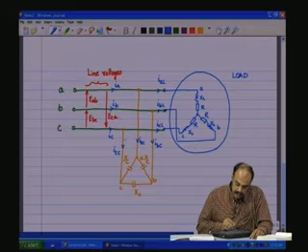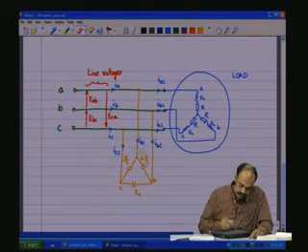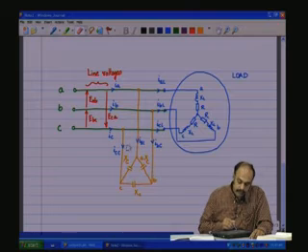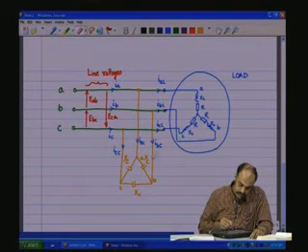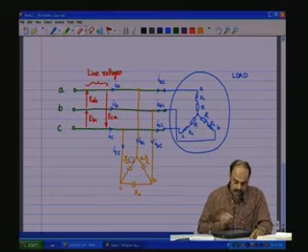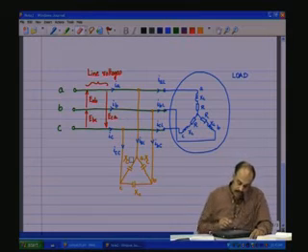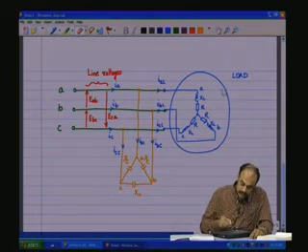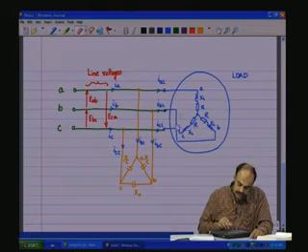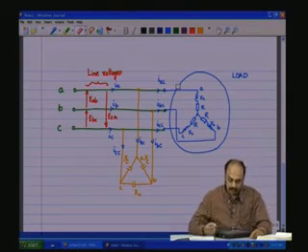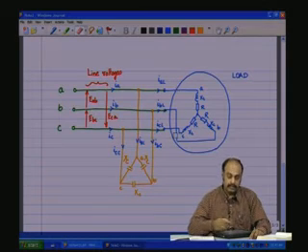Now, the capacitive delta circuit here, as you see, is seeing the same line voltages EAB, EBC and ECA. The star circuit is also seeing the same line voltages EAB, EBC, ECA. They both are seeing the same line voltages.